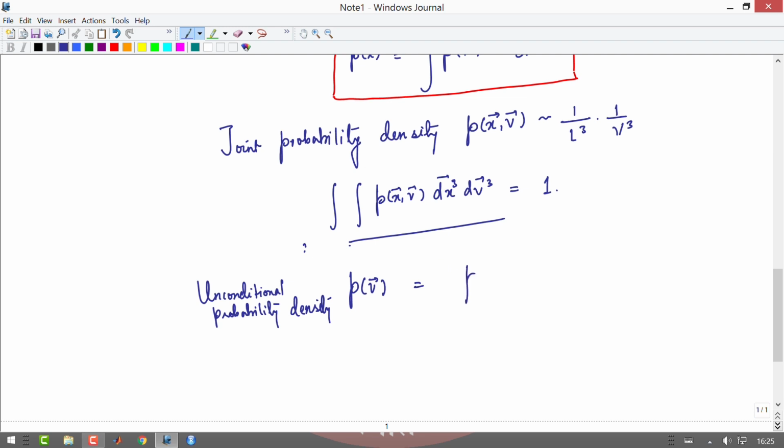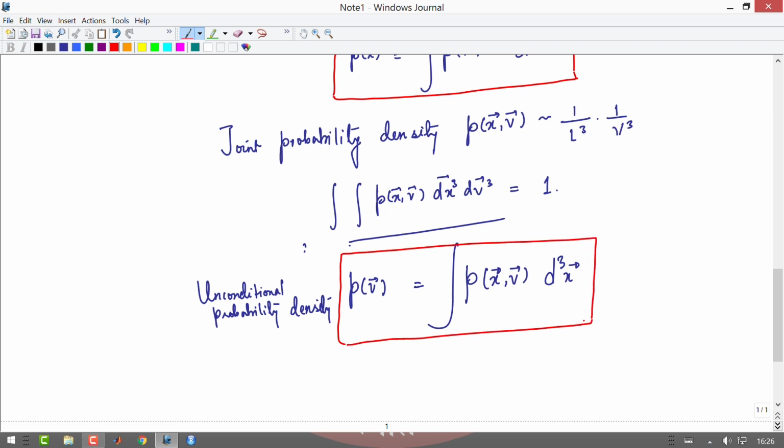You take the joint probability density, or the total probability density, which has the full information, and then you integrate out the position degrees of freedom. So you do a volume integral of this, and what you get is your unconditional probability of finding the velocity of a gas particle. Okay, so that's the answer to the problem.